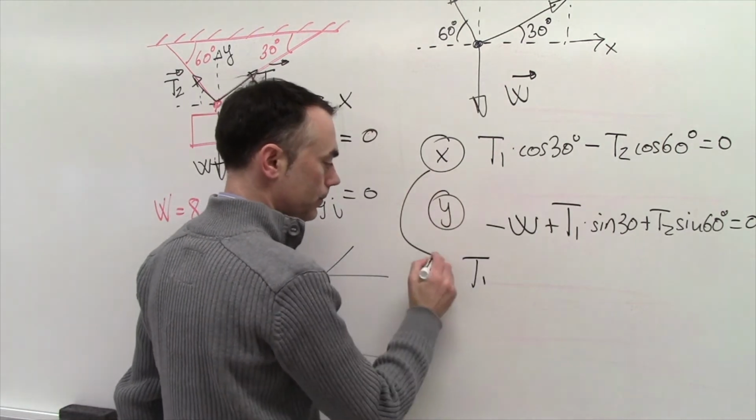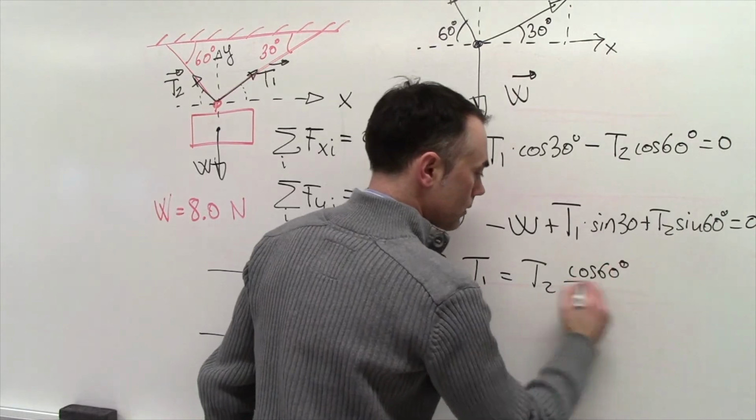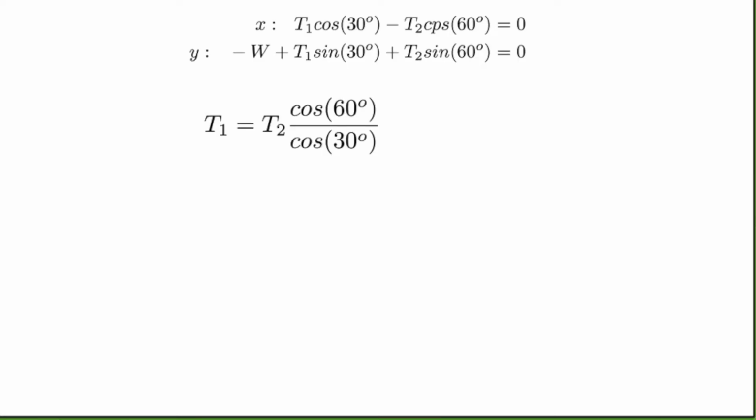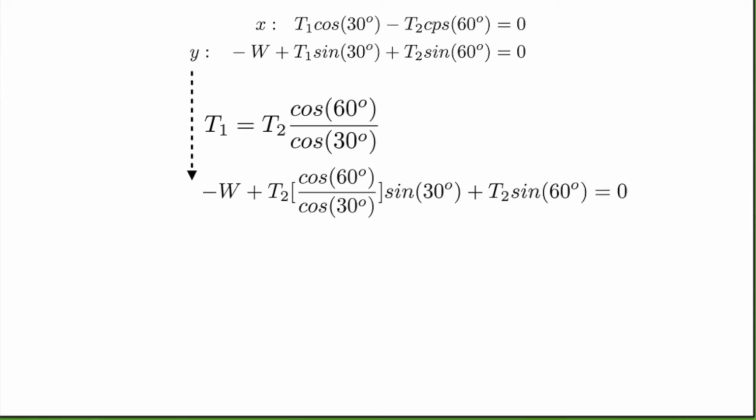From the first equation, T1 is T2 cosine of 60 divided by sine of 30. And once we have this, we substitute into this other one: minus W plus all of this, T2 cosine 60 divided by sine 30, which is just T1, now multiplied by sine of 30, plus T2 sine of 60, and that is equal to 0.